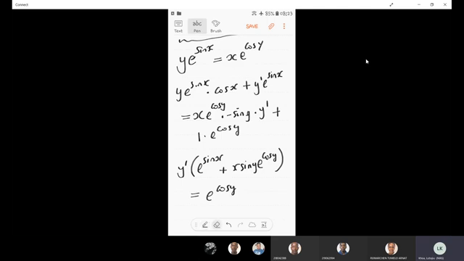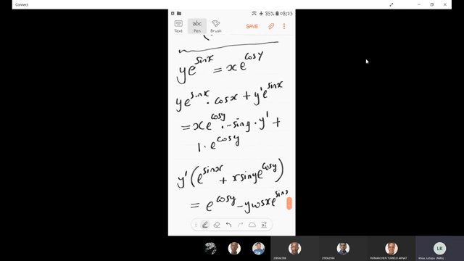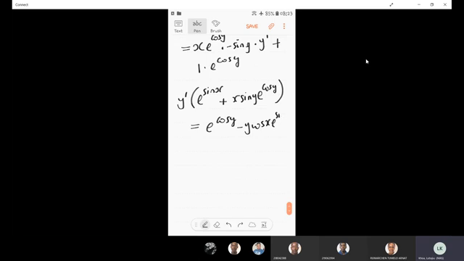And we said this one over here, so when it goes to the other side, it becomes negative: y cos x e to the power of sine x. Okay, like that. And then I will divide by this term on both sides.